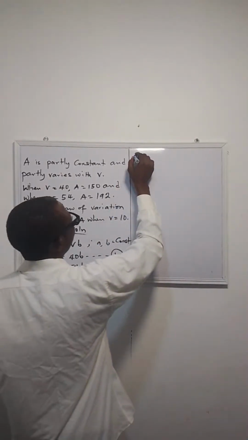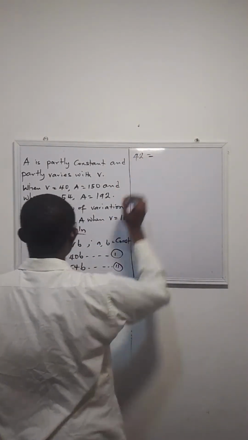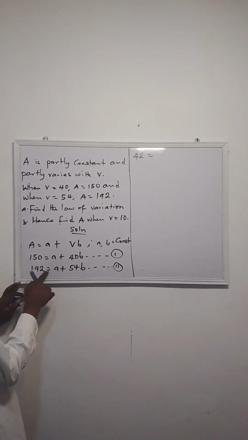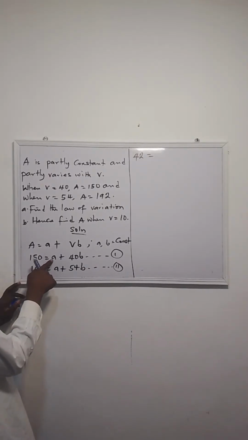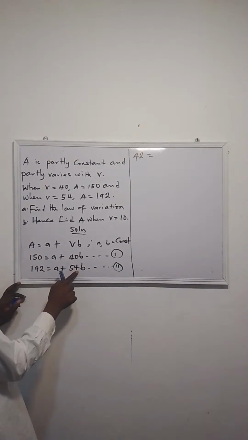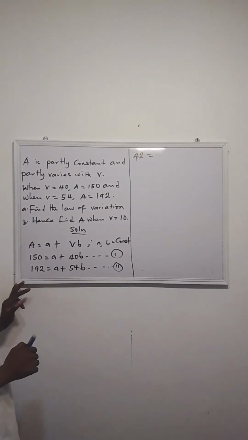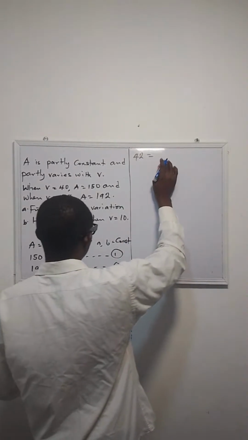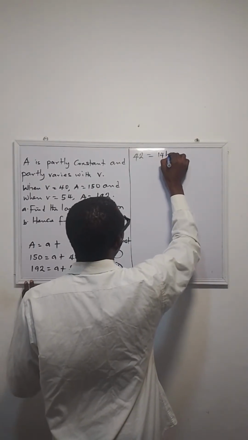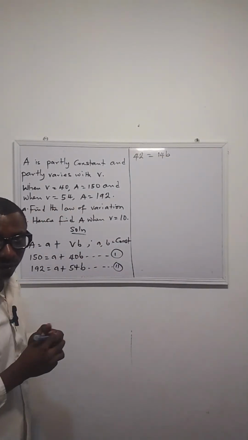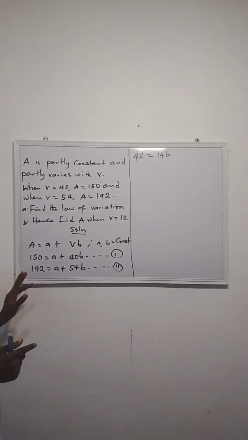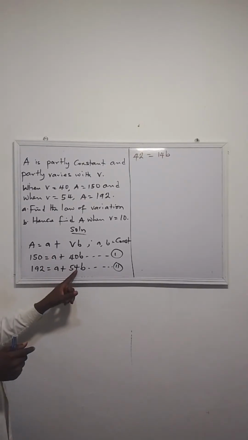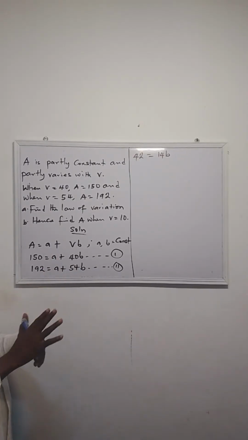You have 42 equals, you can see the equality sign, now a minus a gives you 0. So 54b minus 40b gives you 14b. Please, you have to be very careful when subtracting. What I'm doing now is this minus this, and this minus this. Don't change it the other way around.